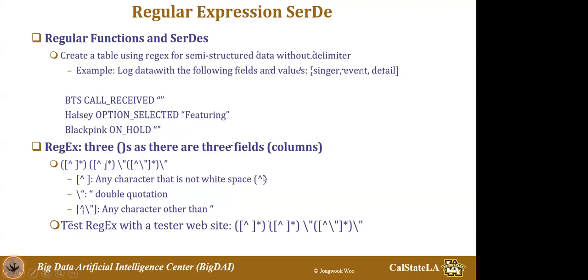There is the caret. It means not. And then there's white space here, not white space, and that is enclosed with square brackets. Square brackets represent this character class. So not white space means any character that is not white space. That is represented like this. Does it make sense?